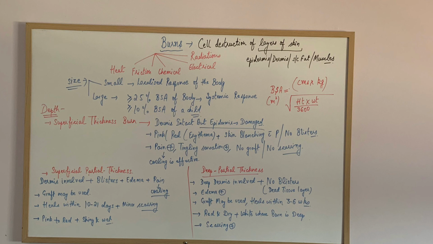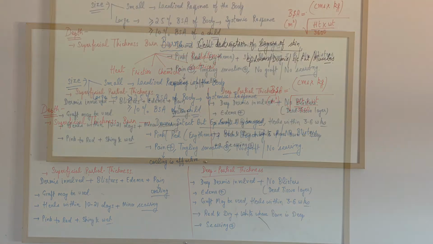Now let's move on to the classification. Firstly, we can classify burns according to their size. Burns can be small or large. When we say a burn is small, we have to measure the area. If the burn is located only in a localized area, a specific part of the body, and the inflammatory or immune response from the body is also localized, then it is a small burn.